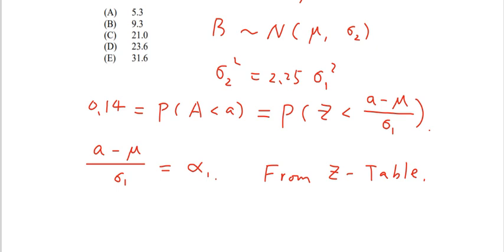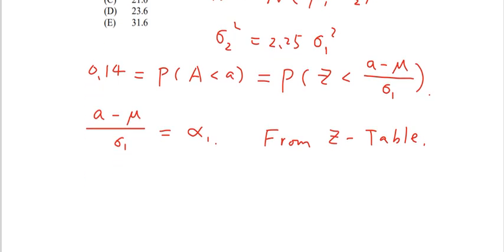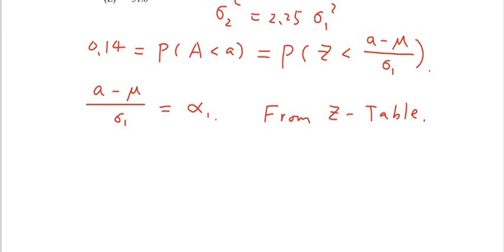Okay, so we want to find the percentile of B, so find this P. This P is the probability that B is less than a.